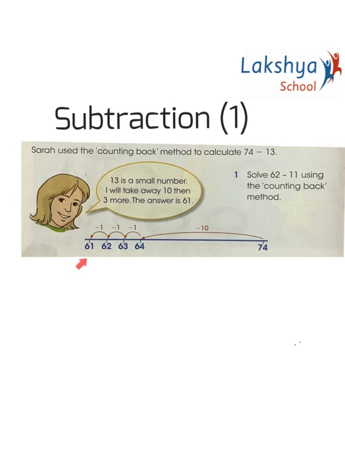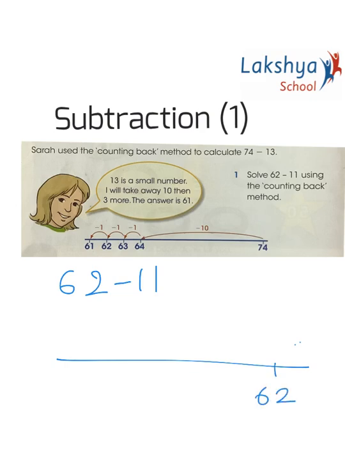This is the method of counting back, where we start from a bigger number and take away in tens and ones. Let's work out the next one, that is 62 minus 11. Here I start from 62. I know that 10 plus 1 gives me 11.